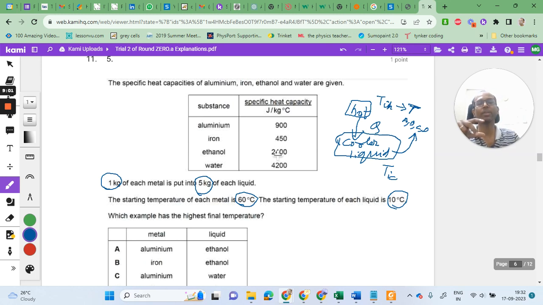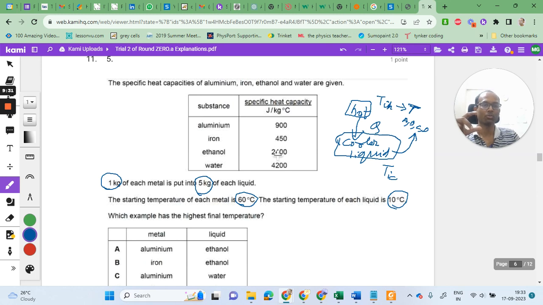Whichever case it happens maximum, that is what we need. Now, if the metal has to lose less temperature, the specific heat capacity is the amount of heat required to raise the temperature or lower the temperature by unit value for unit mass. And the mass is same for both the metals as well as both the liquids. So it comes down to temperature difference.